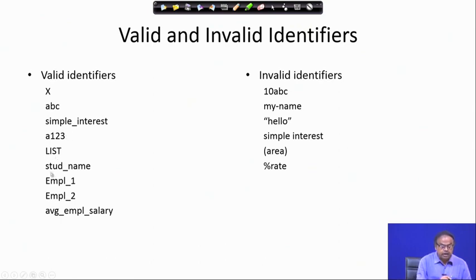List, fine. Stud name means a student name, very clear, understood. Employee 1, employee 2, average employee salary. See, I wanted to write a big thing and I could do that by, instead of blank, I just put underscore, all right.